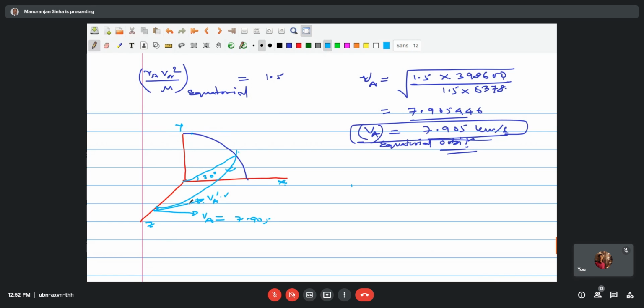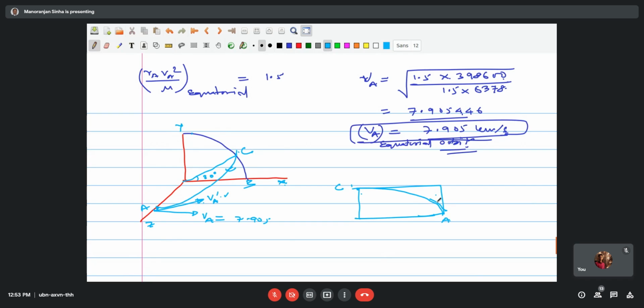So it so happens that if we look here, let us say this is B and C, and this point is A. This point is your A, and somewhere this is your C. So if we look in the plane of the transfer orbit, the orbit will appear something like this.